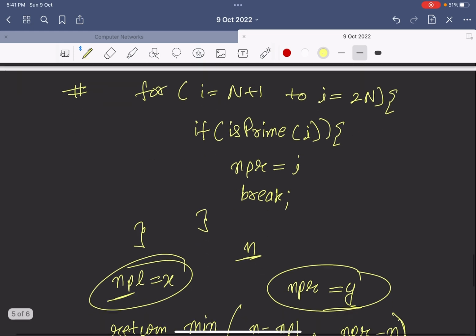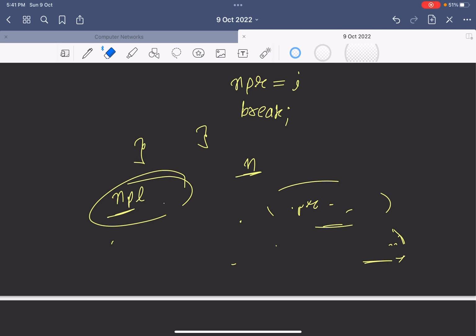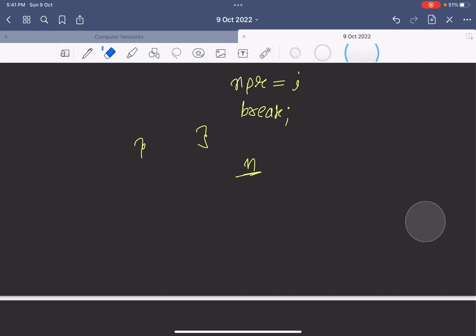So before returning this directly, I will check whether I have found my NPL value or NPR value, whether there is a prime number in left or not.